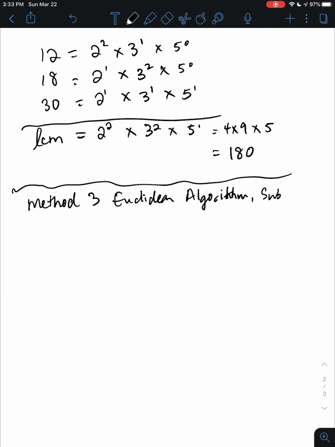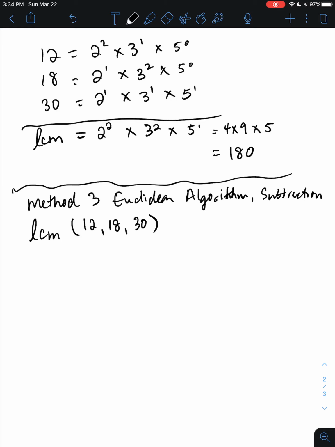And subtraction, as usual, is going to come first. So let's take a look at what we got: the LCM of 12, 18, and 30. Now, there is a formula for this that is unfortunately rather complicated, and I'm just not going to go there.